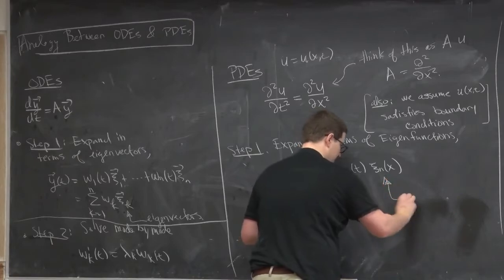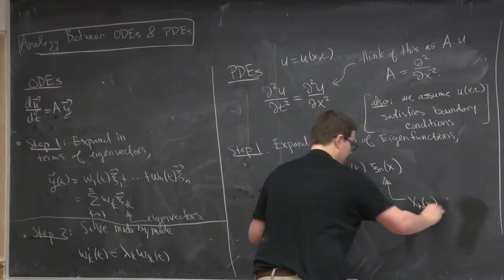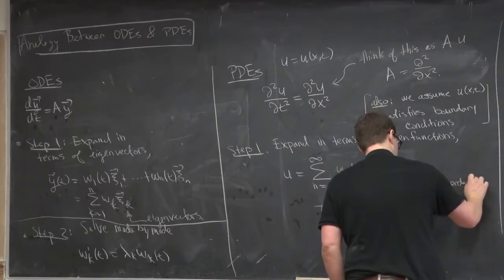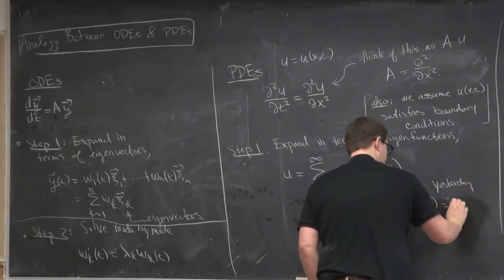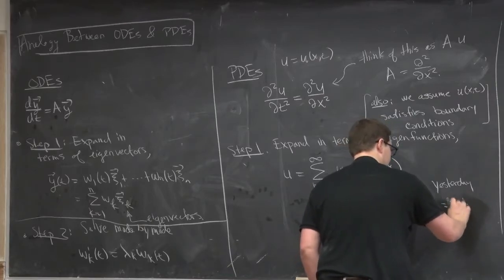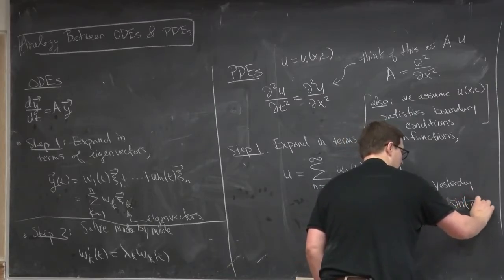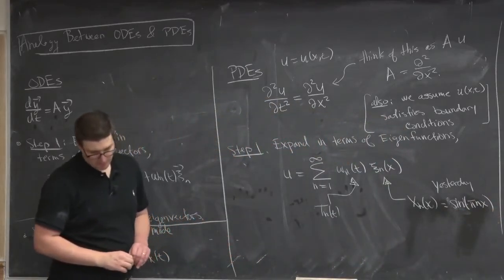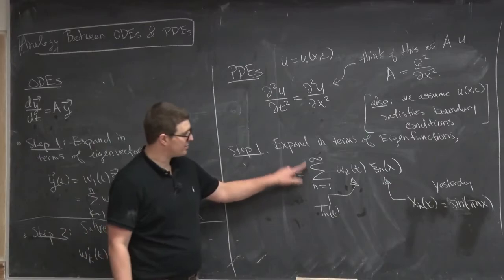And this was X_n(x), so this was yesterday. This is sine(pi n x), for n equals 1 up to infinity.